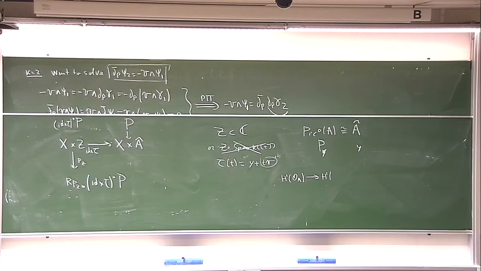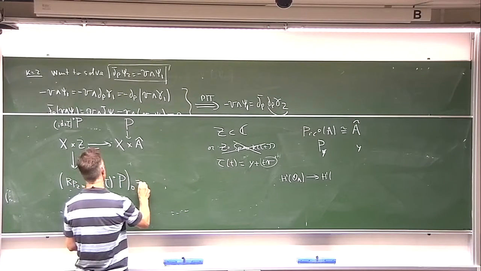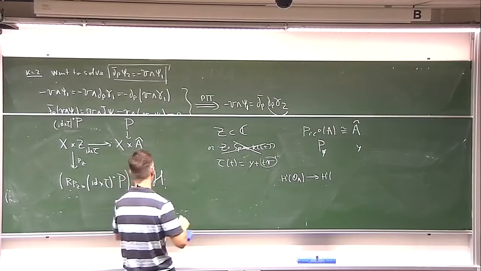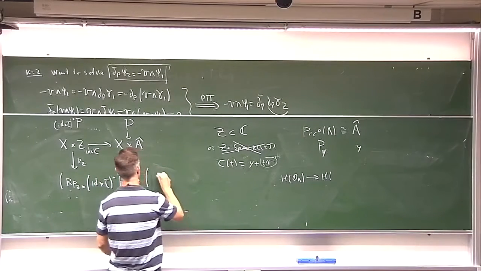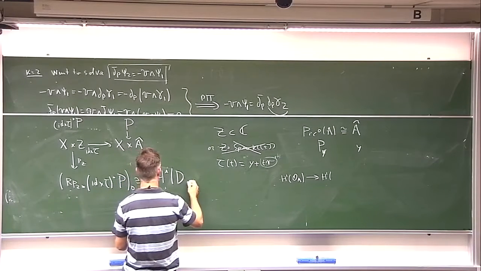Okay, so there's a precise statement that tells you how to compute these sheaves. And so we will compute these sheaves. The stalk at the origin of these sheaves will be given by the cohomology of a certain complex, a derivative complex.